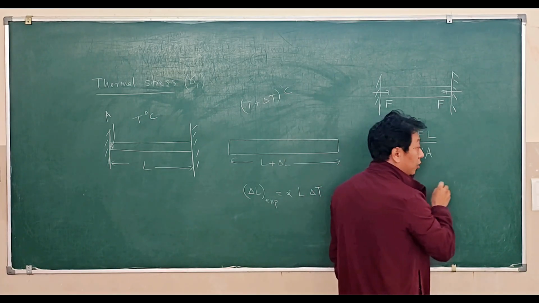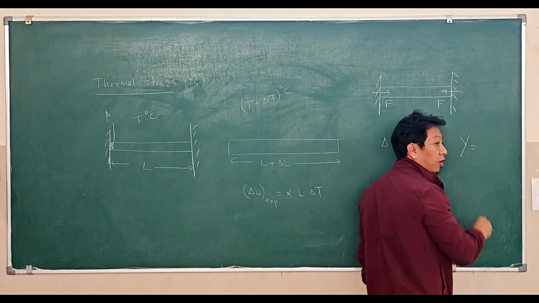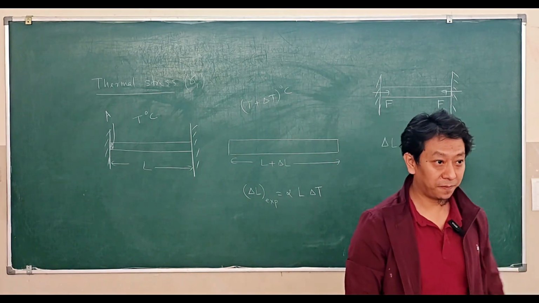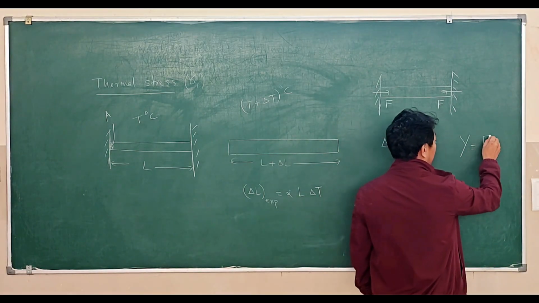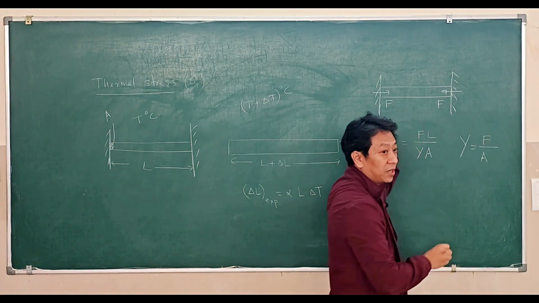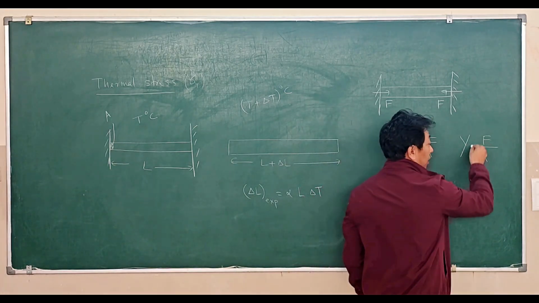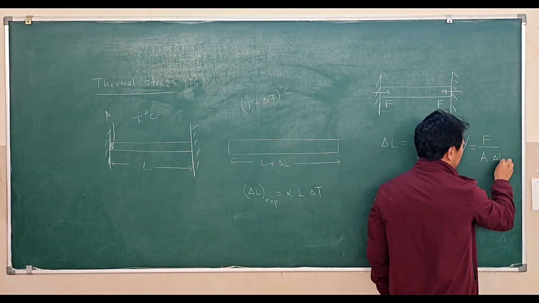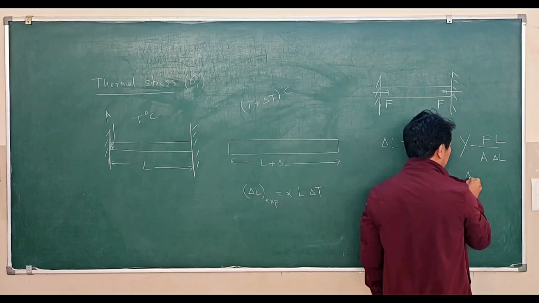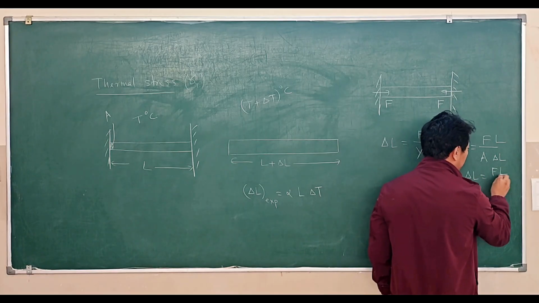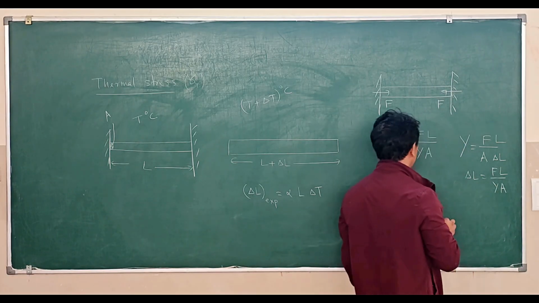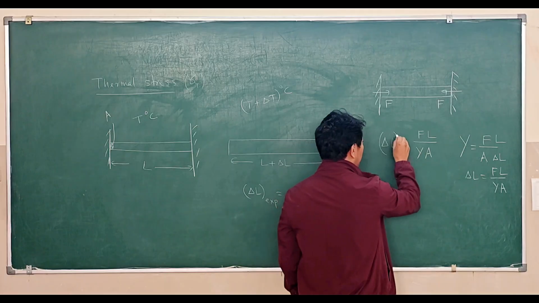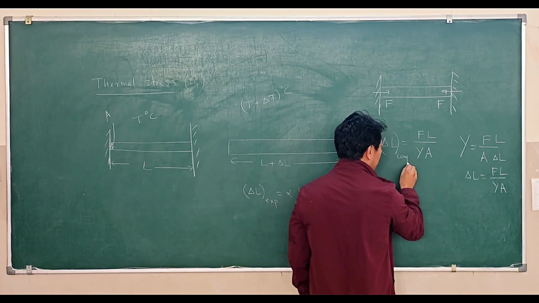Those who forgot, you can start with Young's modulus formula, stress by strain. Stress was what? F by A, if everywhere force is same. This is stress. Strain is what? Delta L by L. So what will be delta L? FL by YA.